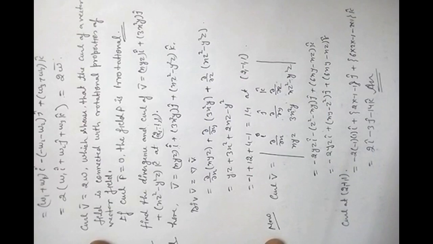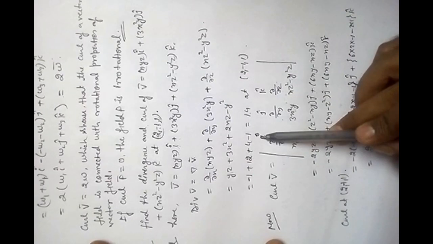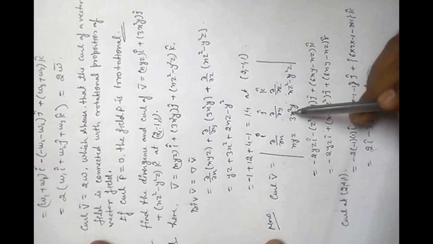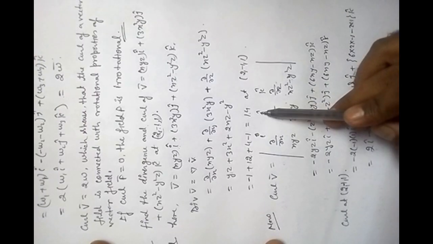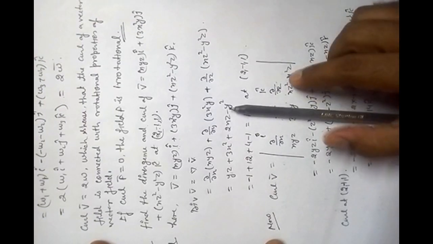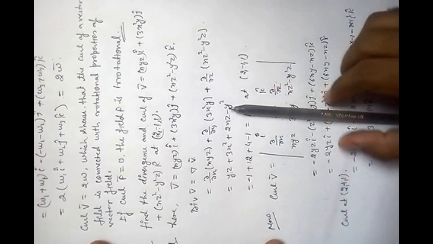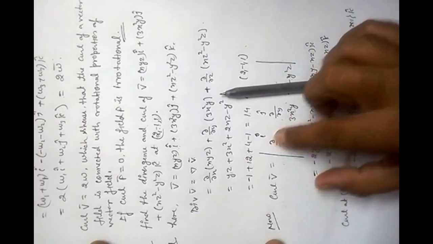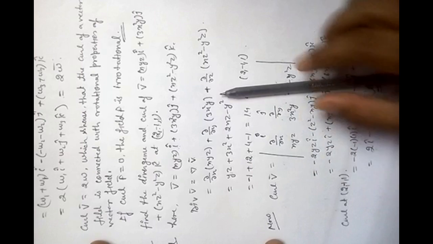And solving the determinant: i this into this minus this into this, minus j this into this minus this into this, plus k this into this minus this into this.